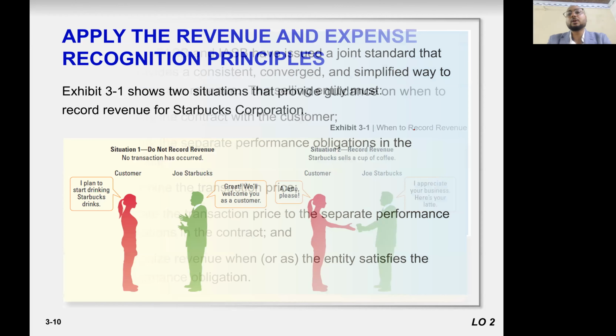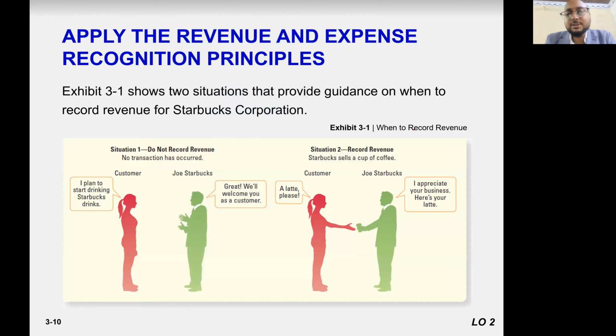Let's move on. Apply the revenue and expense recognition principle. We have two situations. Number one, do not record revenue, because no transaction has occurred. For example, I plan to start drinking Starbucks coffee, and Joe at Starbucks says, great, we will welcome you as a customer. Did any transaction occur between these two?